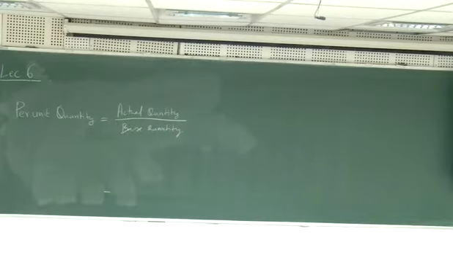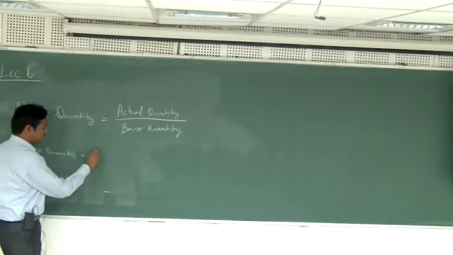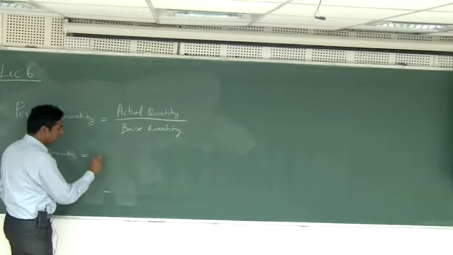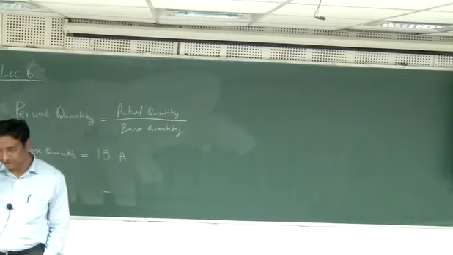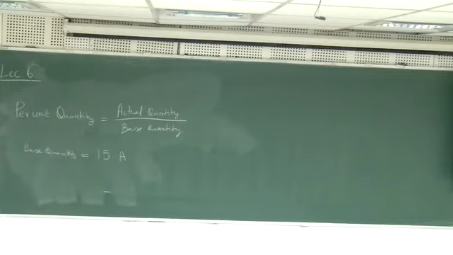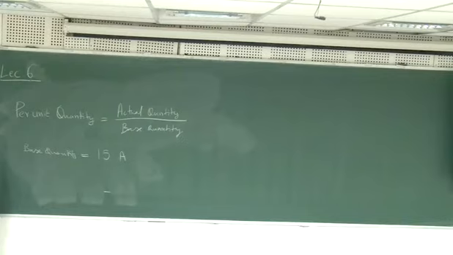So for example, if I decide that my base quantity is, let's say, 15 amperes, so somehow I decided that, then every other ampere value I can transform into per unit.